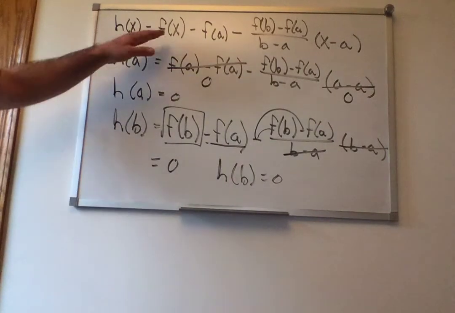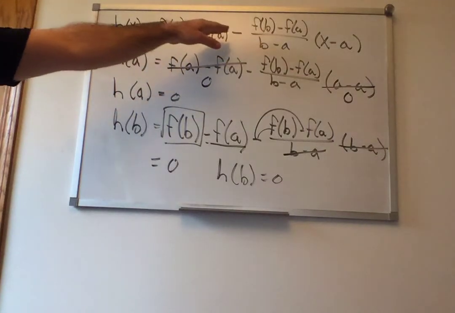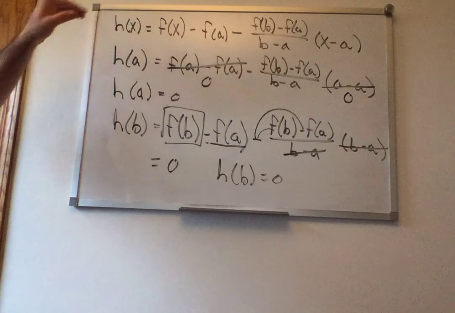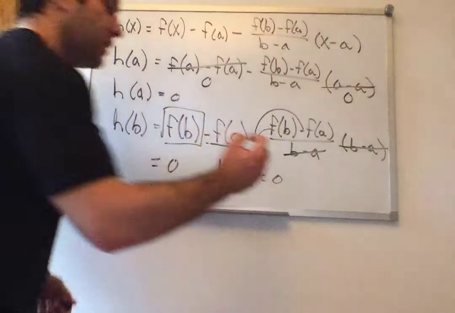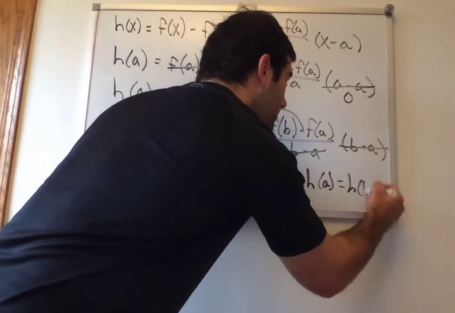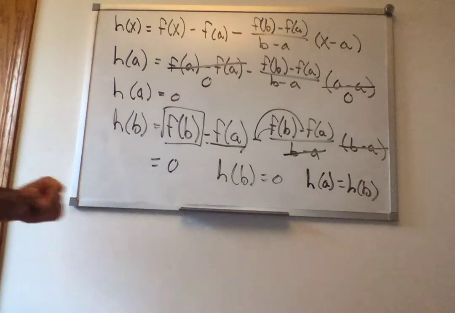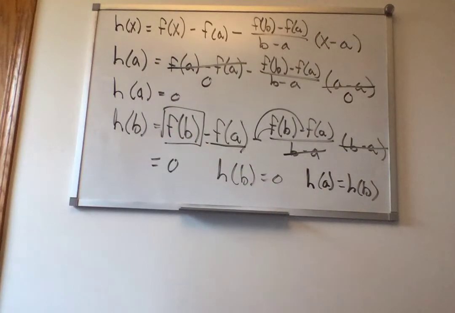So f of x is a continuous differentiable function. This is just a line. So h of x satisfies the first two conditions of Rolle's theorem. Not only that, we showed h of a is 0, h of b is equal to 0. So h of a is equal to h of b. So this new function that I have satisfies all three conditions of Rolle's theorem.